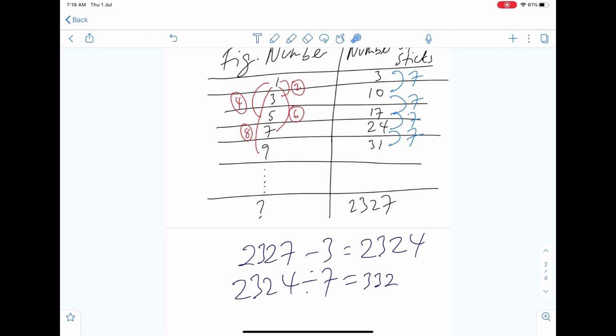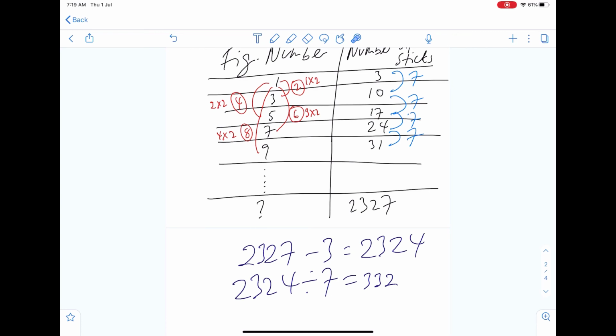Observe the figure numbers. These are all multiples of 2. This is 1 times 2 here, this is 2 times 2, this is 3 times 2, this is 4 times 2. So it depends. If you are adding 1 time of 7, it is 1 times 2. 2 times of 7, 2 times 2. 3 times of 7, 3 times 2. 4 times adding 7, you must add 4 times 2 to your figure number.